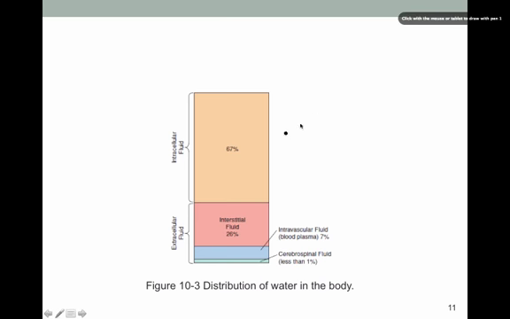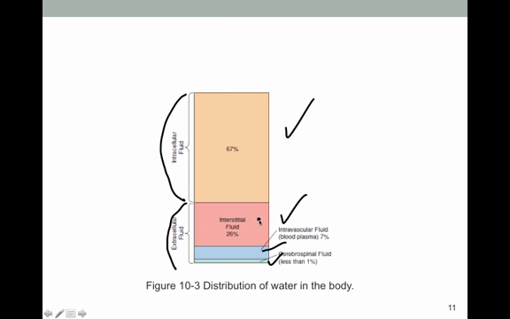We have intracellular fluid, interstitial fluid, intervascular fluid, which is this little blue area here, and then cerebral spinal fluid. Out of these four things that we just talked about, intracellular fluid is up here in the yellow, and extracellular fluid is everything outside the cell.